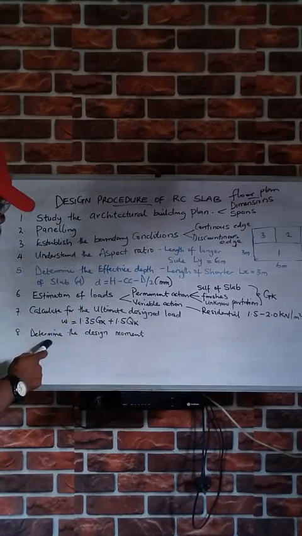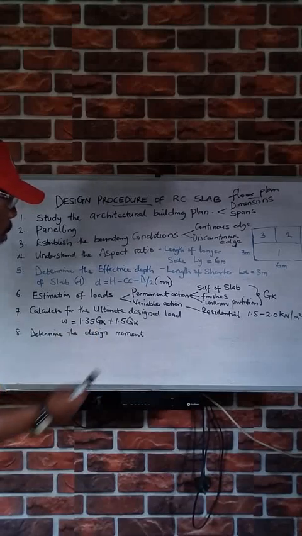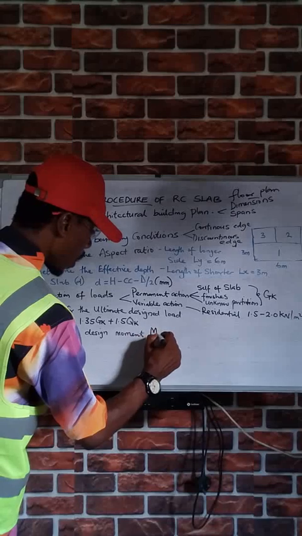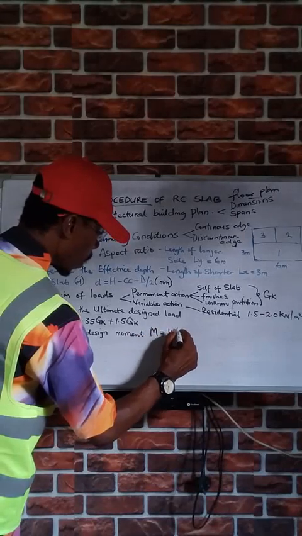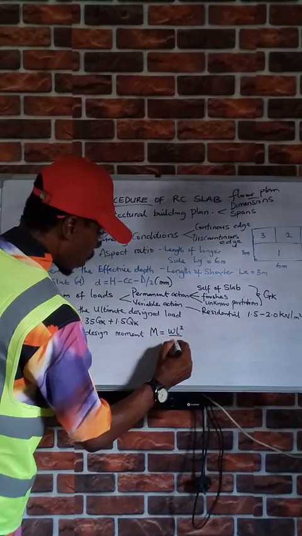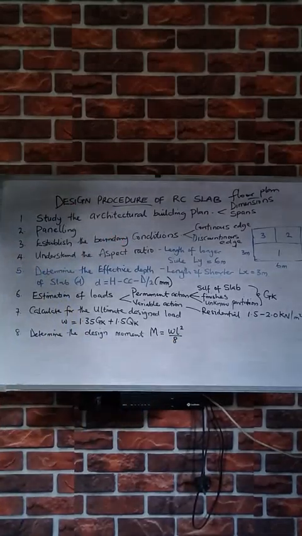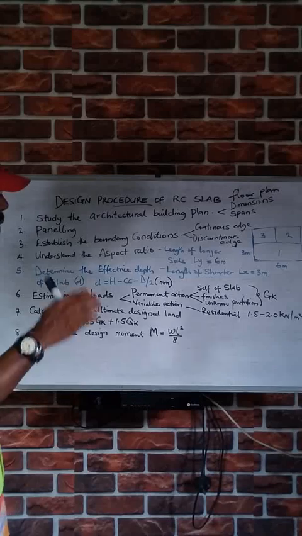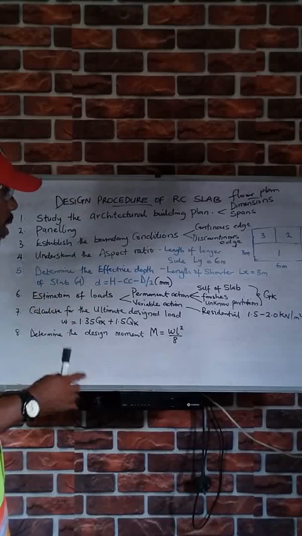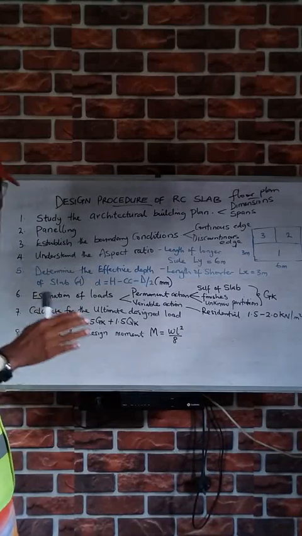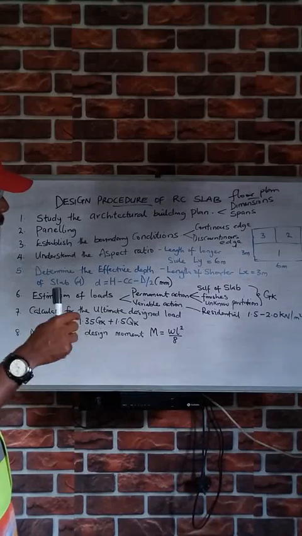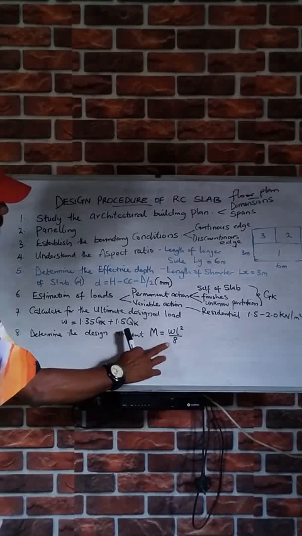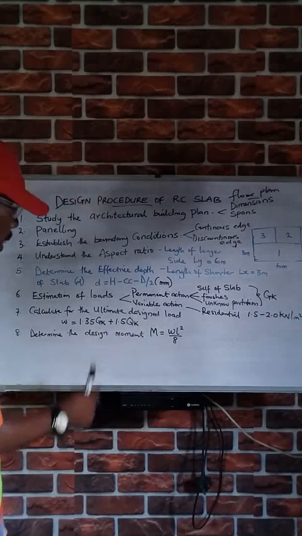So to determine the moment in this context, we can adopt M equal to WL squared over 8. So this becomes the maximum moment, because we are looking at the maximum moment that will be generated at that short span. Our emphasis is mainly on the short span. So the maximum moment there is WL squared over 8.